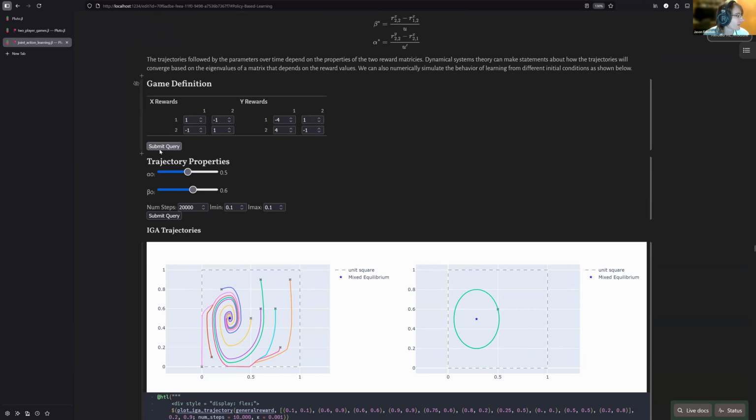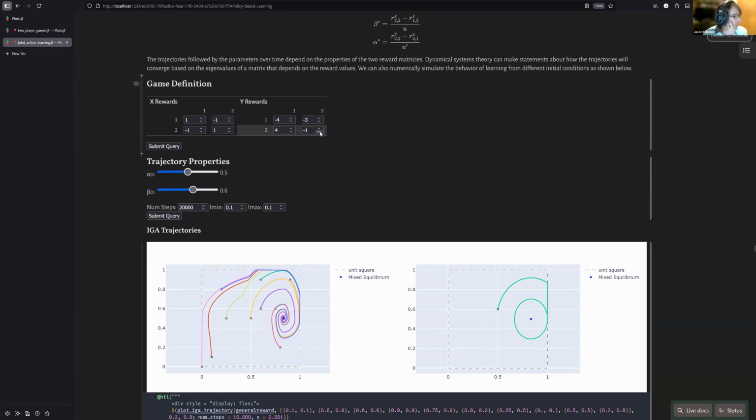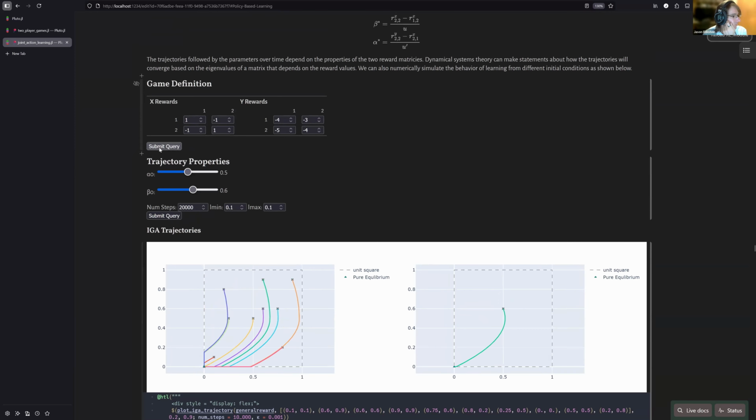But if I change this game to something, I'm not going to make it an exact game here, but I need to change this so that there's, oh yeah, okay. Now the game only has a pure equilibrium in this corner. There's no mixed equilibrium because I changed the properties of the game.